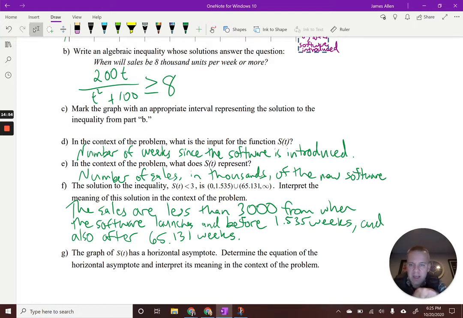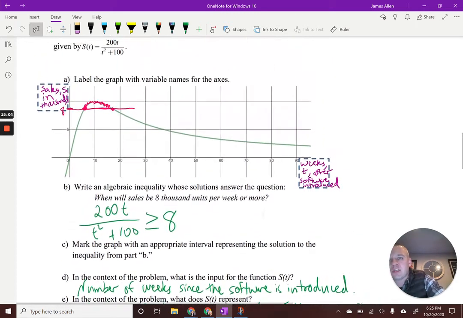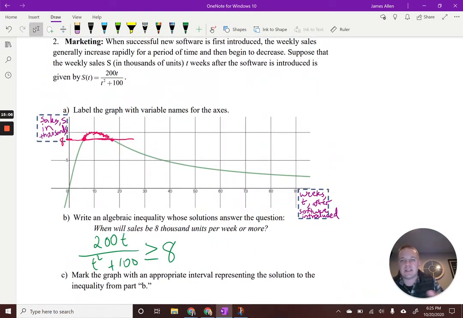So this last part here: the graph of S of t has a horizontal asymptote. Determine the equation of the horizontal asymptote and interpret its meaning in the context of the problem. All right, well, let's look back at our function here. We have S of t is equal to, in case you lost it, 200t over t squared plus 100.